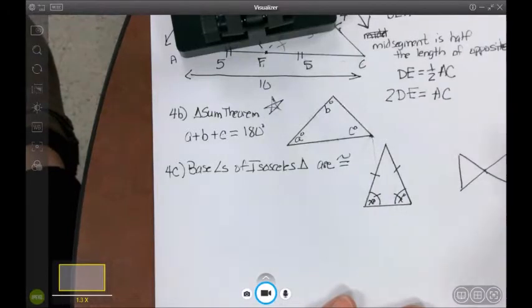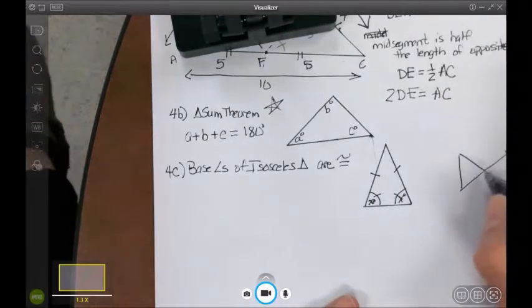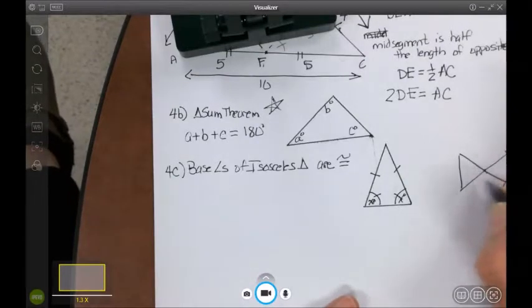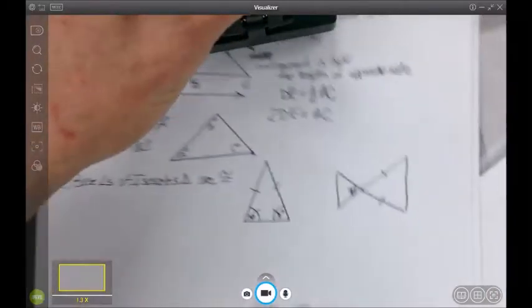All right, so let's say this is an isosceles triangle, and this is, I don't know, I'm going to say 70 degrees. I don't know how big it is.